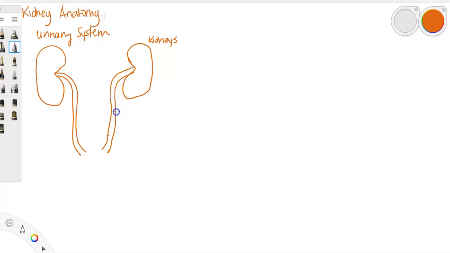And these are called the ureters. And these are tubes that carry urine from the kidney, that's made by the kidney, down to this thing called the urinary bladder.